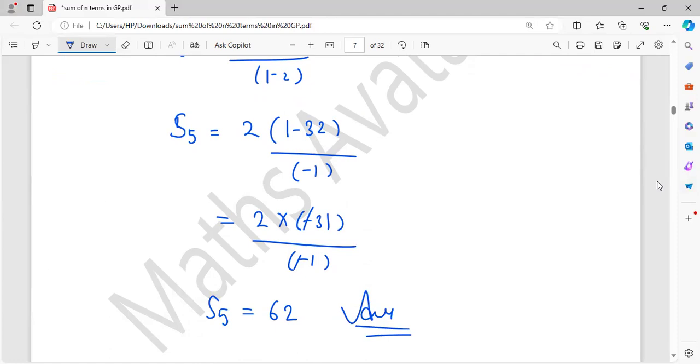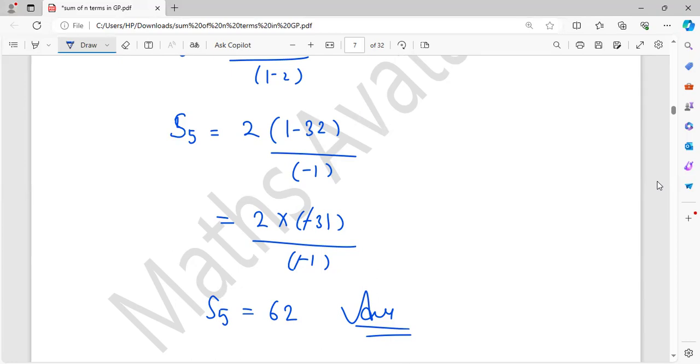So today's lecture is up to this. In this lecture we have studied how to find the sum of n terms of a GP. Sometimes finite GP will be given and last term is given, or the common ratio and first term are known, and we have to find the sum of all the terms.